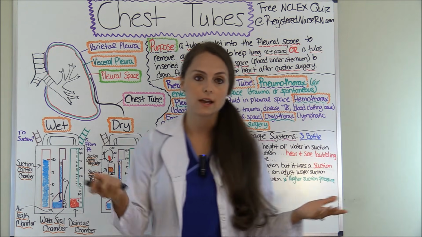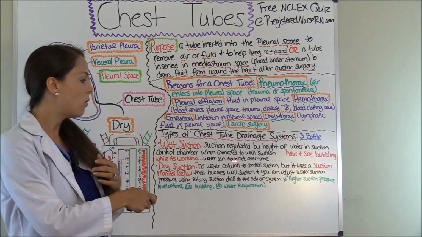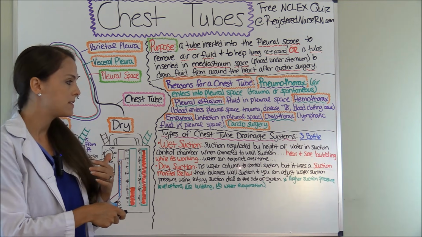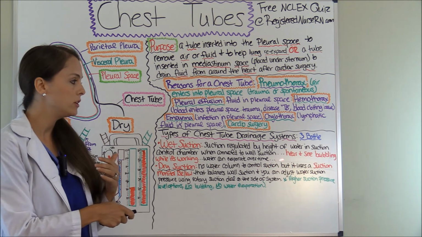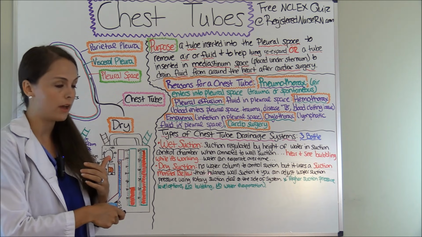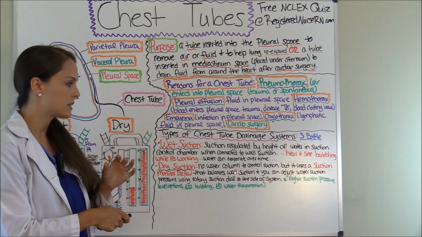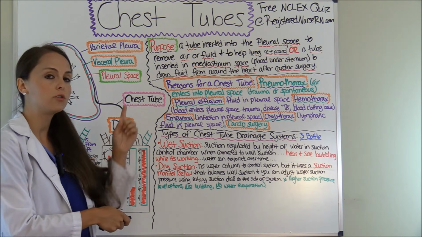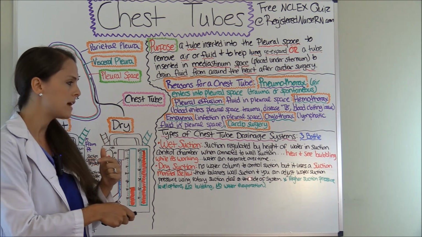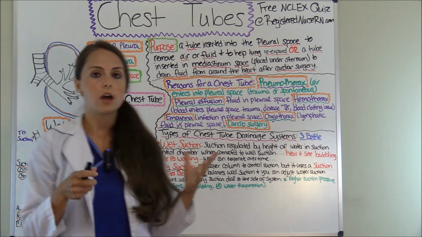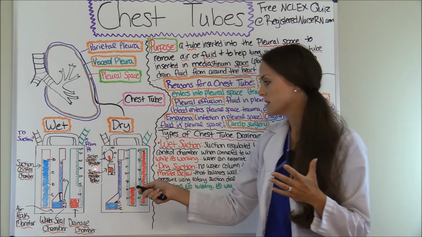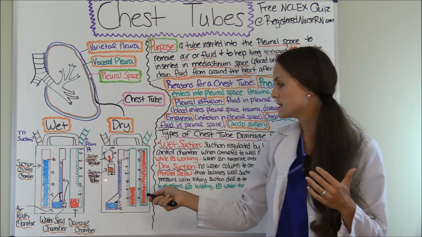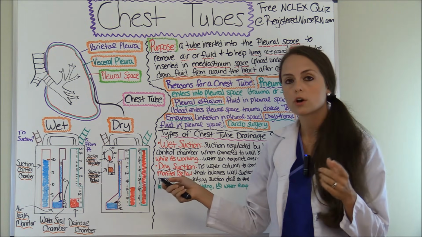Now with dry suction, there is no water column, and the suction is controlled using a suction monitor bellow that balances the wall suction, and you can adjust the wall suction pressure by using a little rotary suction dial on the side of the system. This area right here is where your suction monitor bellow is, and it looks like a little orange accordion.